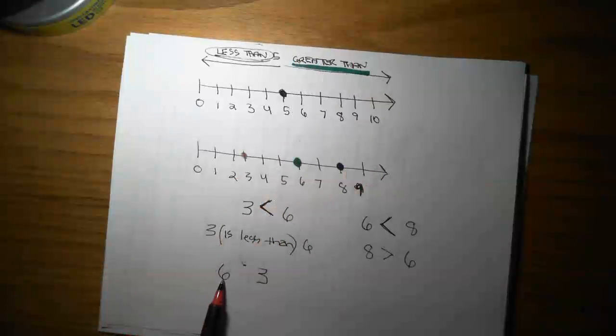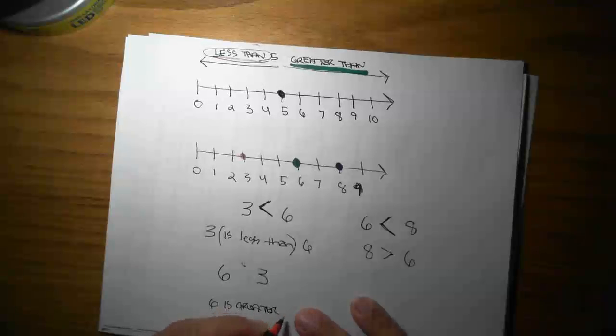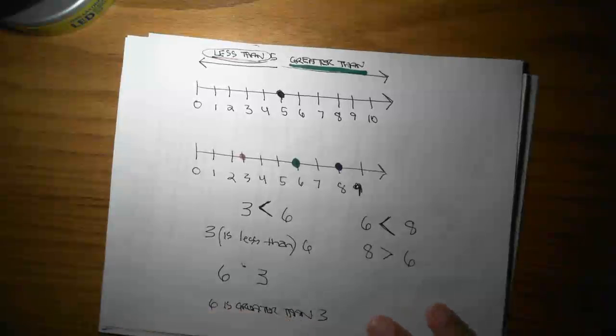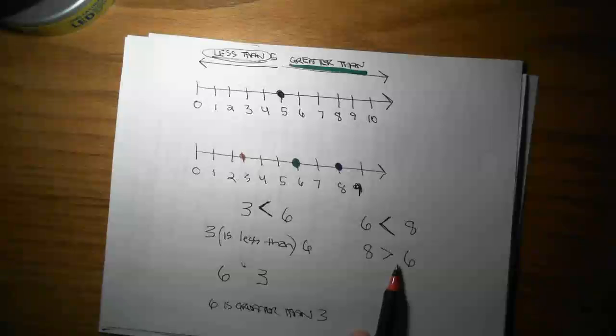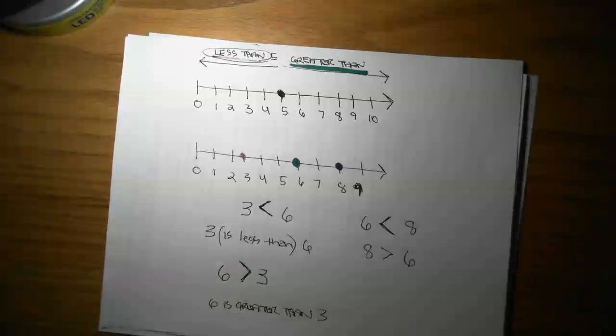Okay? So here we can write 6 is greater than 3. Or we can use the symbol, and I already kind of gave it away right here. Sorry, spoiler. We have that the symbol for greater than is an arrowhead pointing toward the right. Now, why is that?